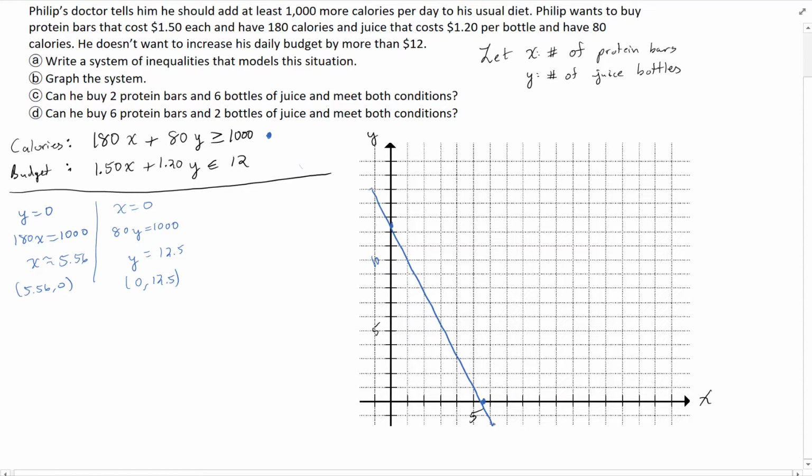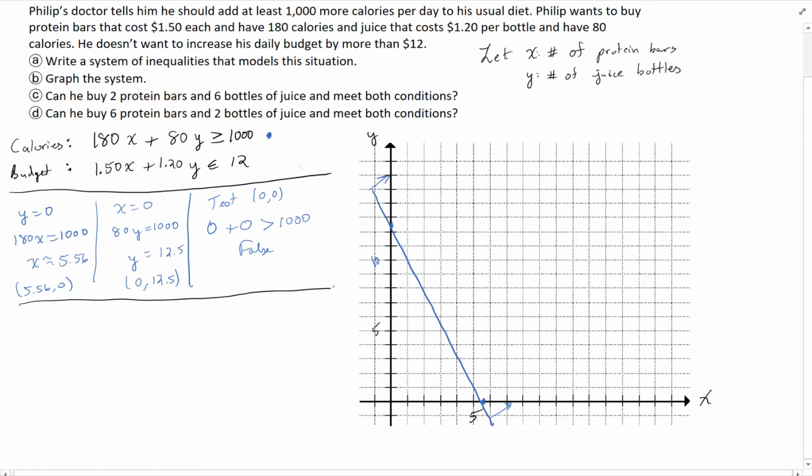And if we test 0, 0, and this one should be fairly obvious, 180 times 0 is 0. 80 times 0 is 0. Is that greater than 1,000? That's false. So for that blue line, for the first inequality, we would be shading above that line.